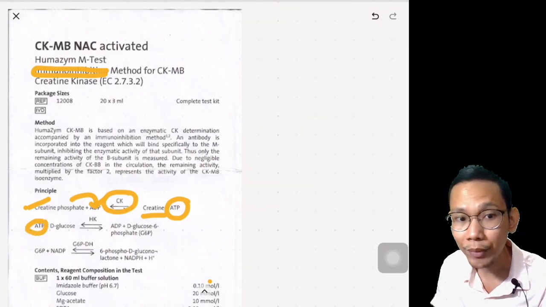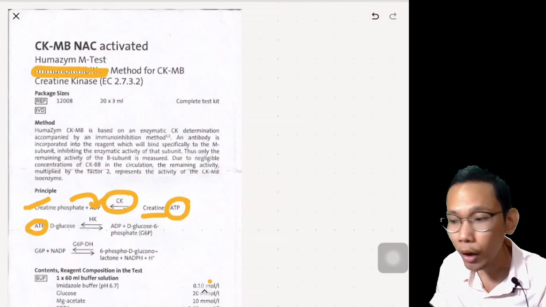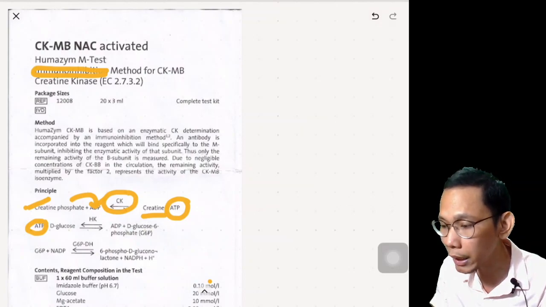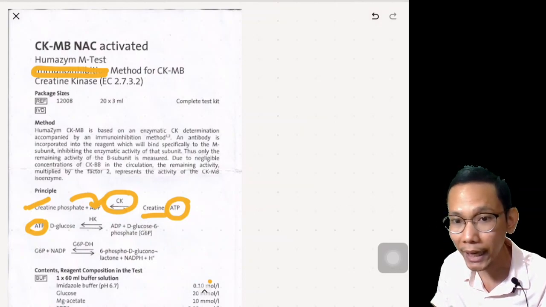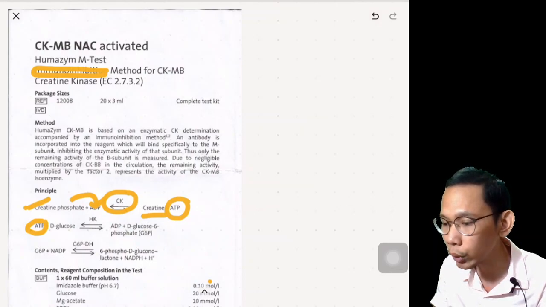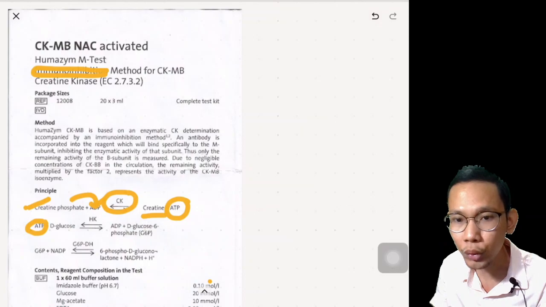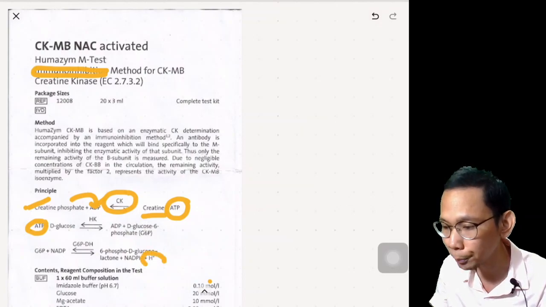From the name itself, hexokinase, it will transfer the phosphate group of your ATP towards the glucose, forming now your ADP plus D-glucose 6-phosphate. Your G6P plus your nicotinamide adenine dinucleotide phosphate by the action of G6PDH will lead to 6-phospho D-gluconolactone plus your reduced nicotinamide adenine dinucleotide plus your hydrogen ion.